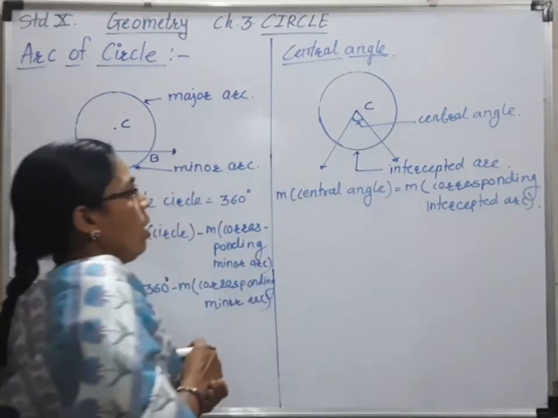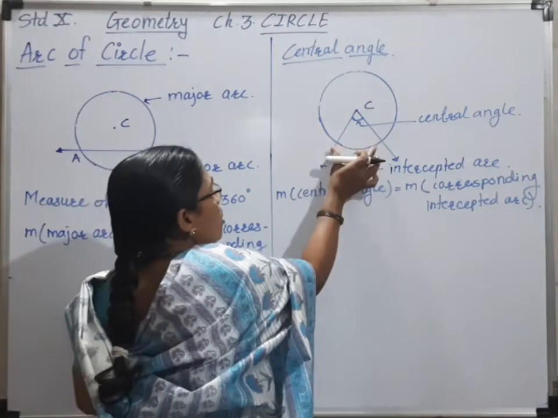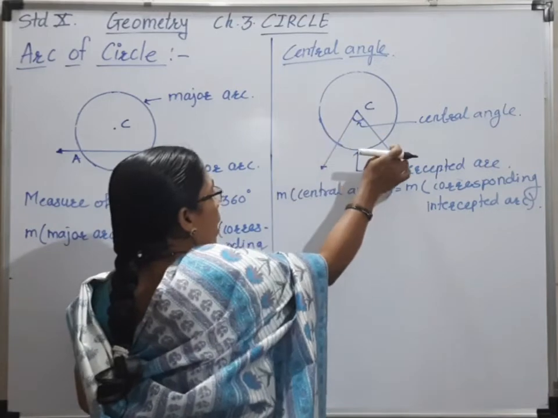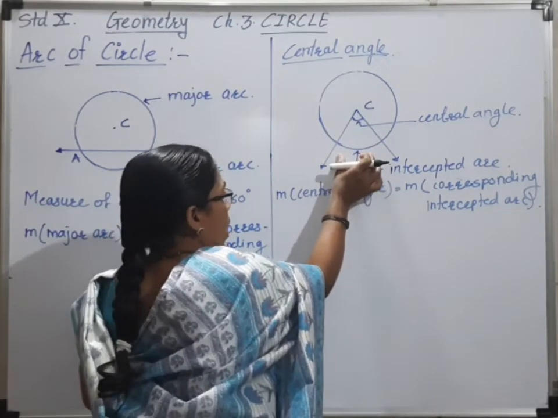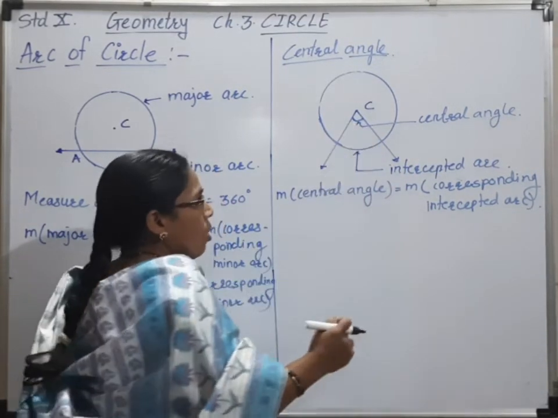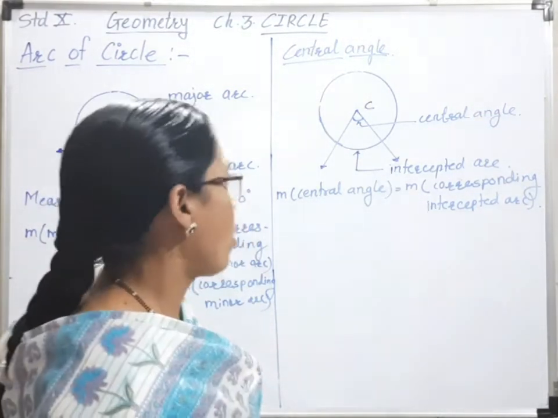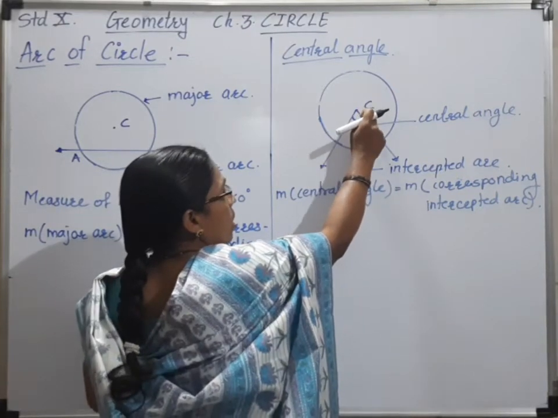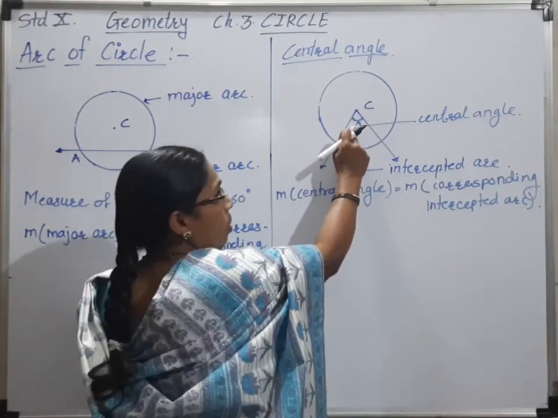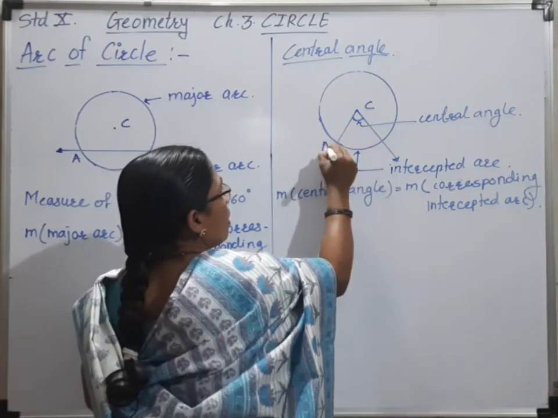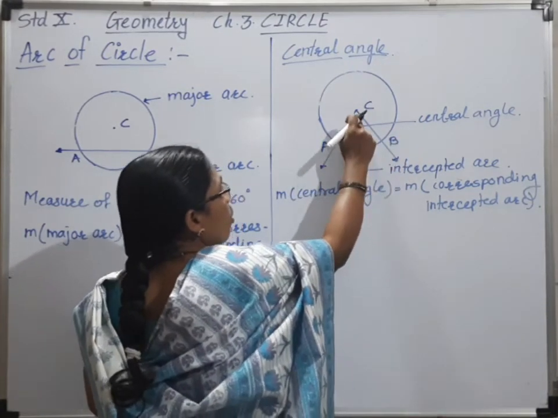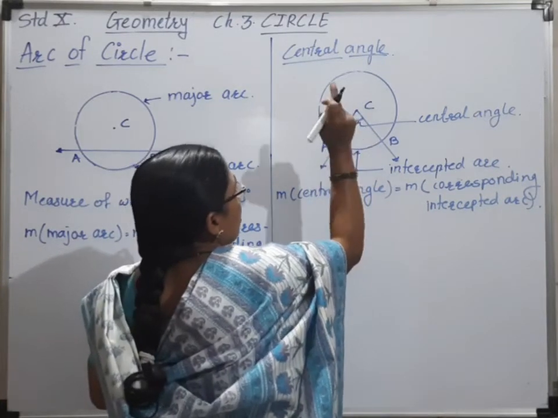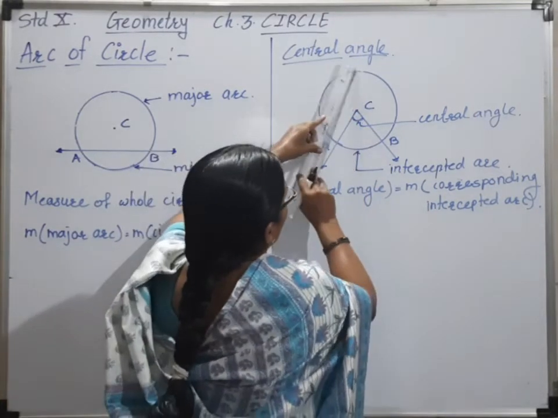This part of the circle is between the two arms of that angle, that's why it is the intercepted arc of this angle. Why is it the central angle? Because the center of the circle is the vertex of that angle. Suppose here angle CAB, the center of the circle is the vertex of that angle, that's why it is a central angle.